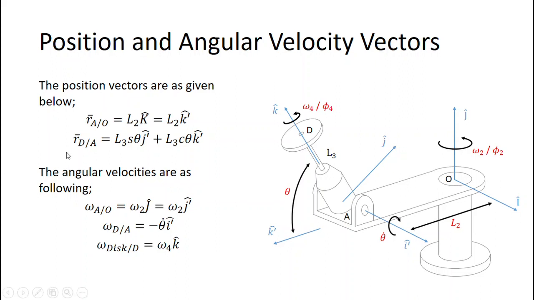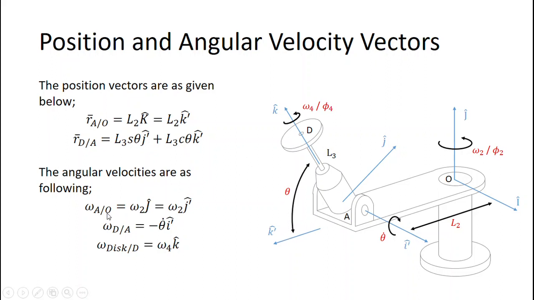And the position vector of point D with respect to point A, as seen in frame A, is L3, the length of the segment AD, projected along the J prime and K prime axes. So the height along the J prime axis is L3 sine of theta, multiplied by J prime, and then L3 cosine of theta along the K prime axis. So pretty straightforward.